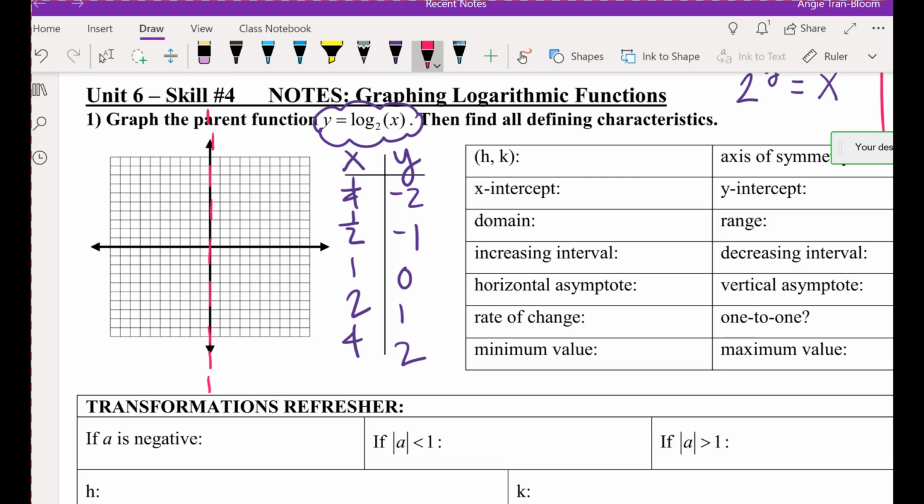A quarter goes down to negative 2. Half is a negative 1. 1 is 0. 2 is 1. 4 is 2. There is the log equation.